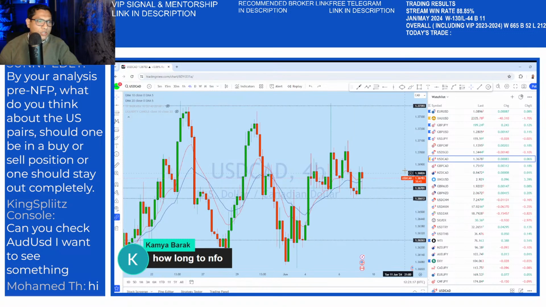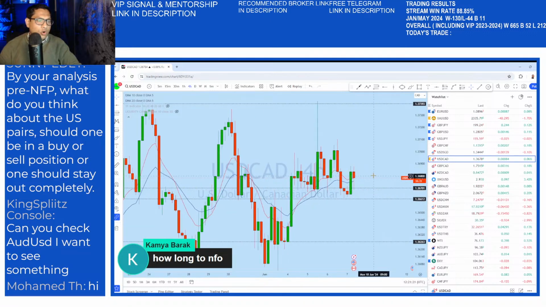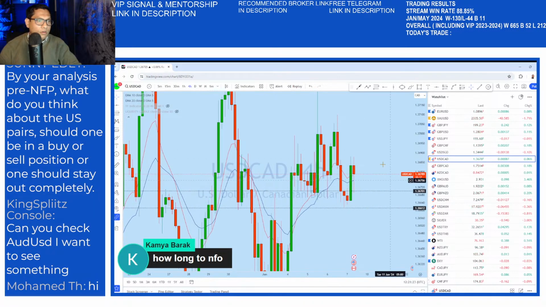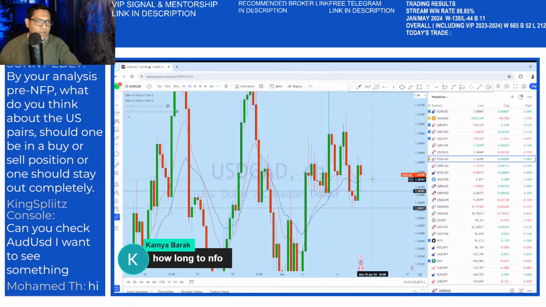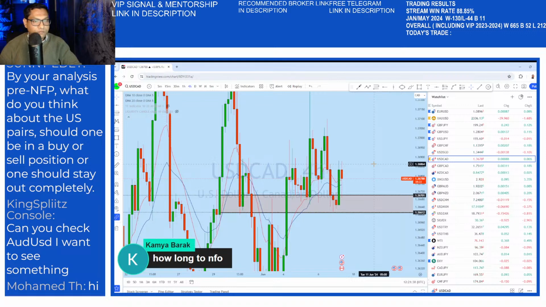Therefore, as a trader, we can only look at the chart and the candlestick pattern. If you want to be a profitable trader for the long term, you need to look at the chart and the candlestick pattern and then trade based on a strategy and proper risk management.